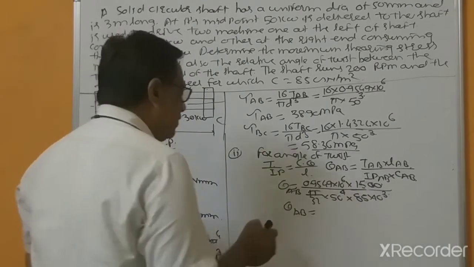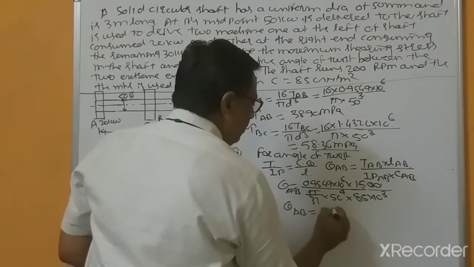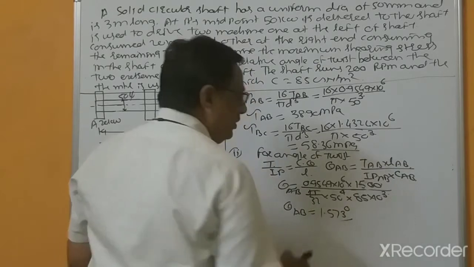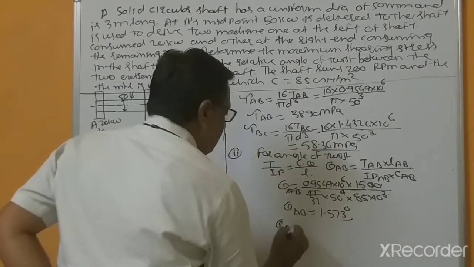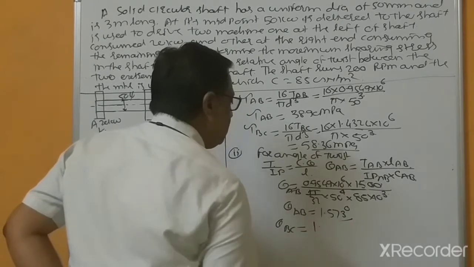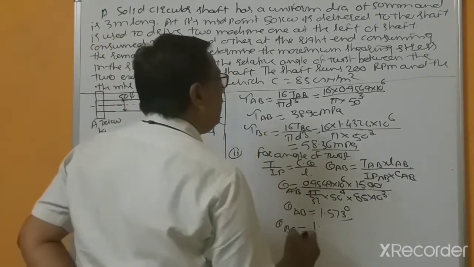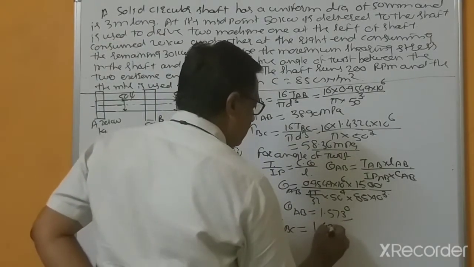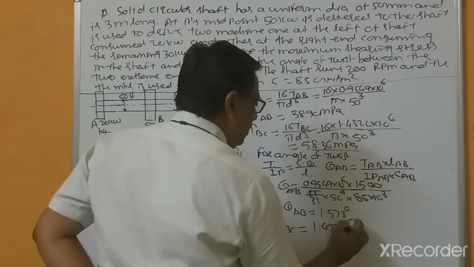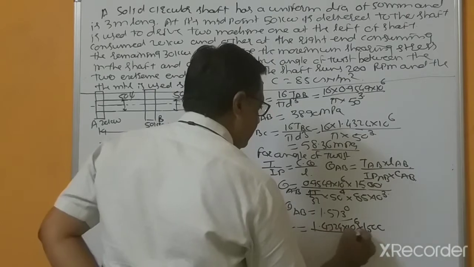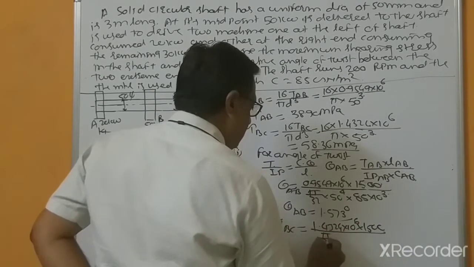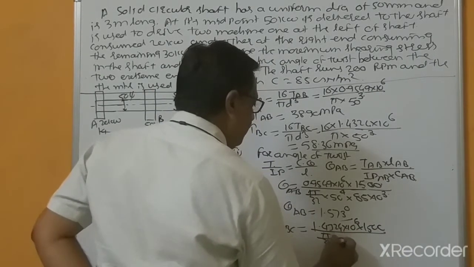This is equal to 1.573 degree. Similarly for the BC shaft, 1.4324 into 10 to the power 6, 1500, again pi by 32, 50 raised to 4.